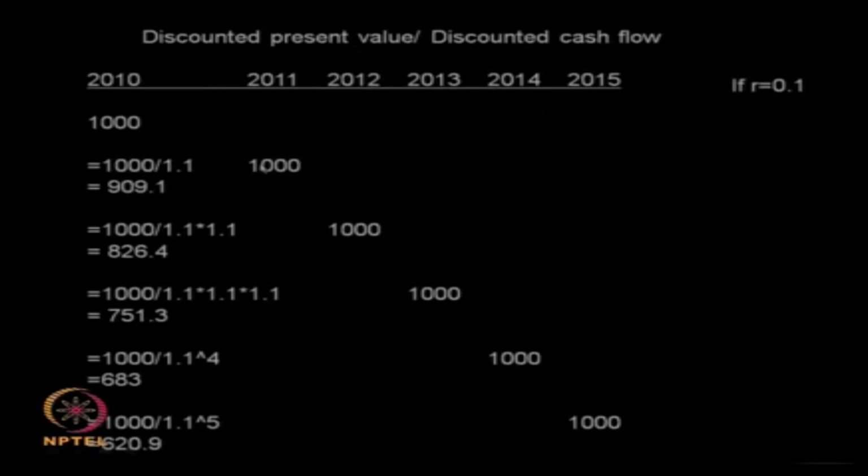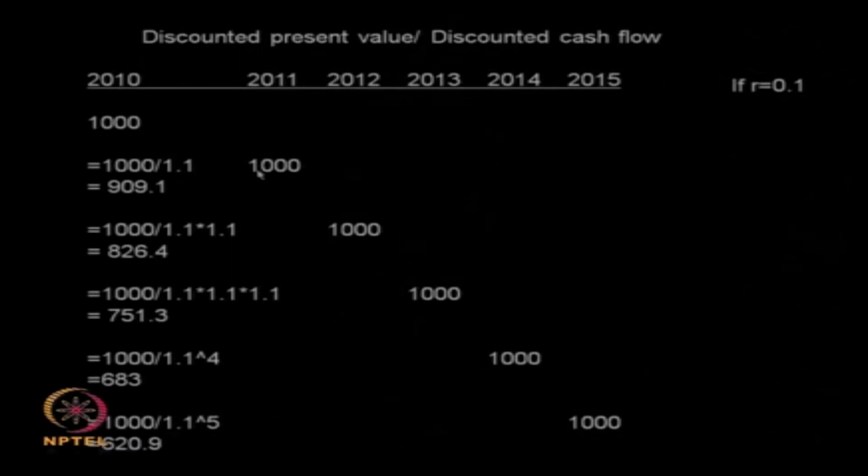So you can extend the same formula for the second year, third year, fourth year, fifth year. So if in 2012 I am going to get 1000 rupees, that is equivalent to 1000 divided by 1.1 square, 1.1 into 1.1, that is 826.4. That means if somebody tells me I will give you 1000 rupees in 2012, that is equivalent to having 826 rupees 0.4 today.